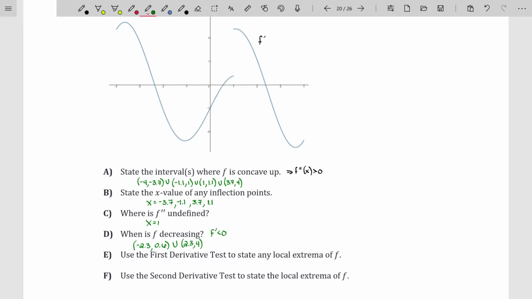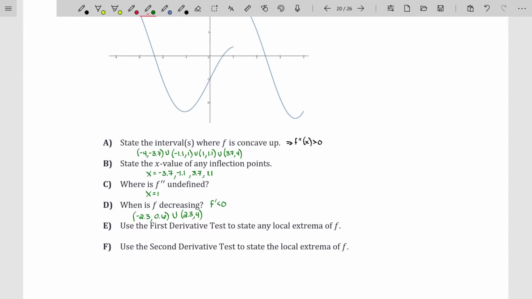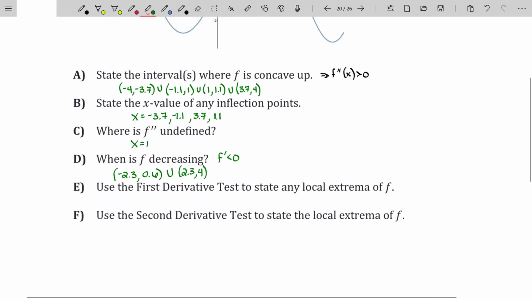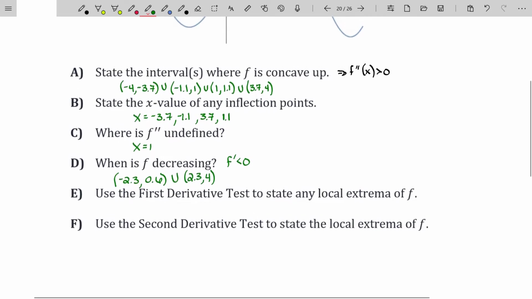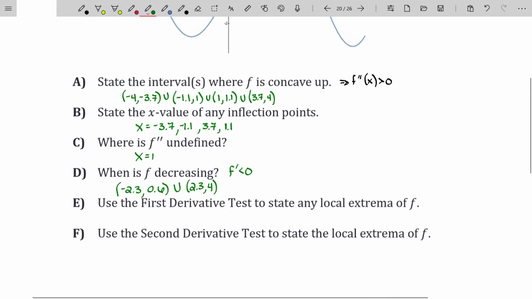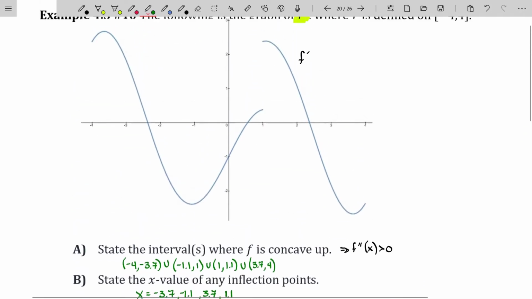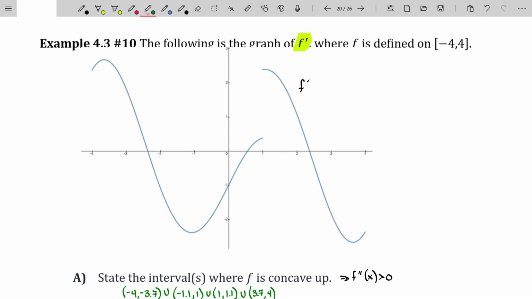And then the final question, not the final, the second to final: use the first derivative test to state any local extrema. Well, the first derivative test says that you have local extrema when the first derivative switches between negative and positive, or positive and negative. So when does our first derivative switch signs? Well, it switches signs right there, and right there.